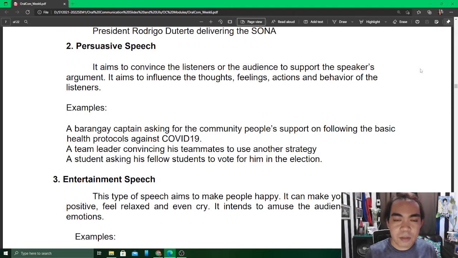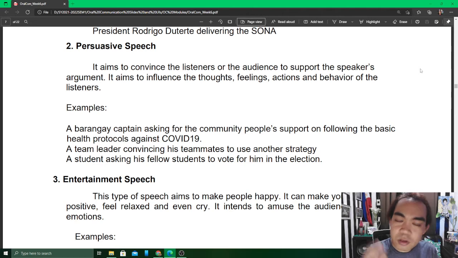So election 2022 is coming, and we will see on television and on online platforms many persuasive speeches trying to impress us, trying to sway our choices, especially when it comes to politics here in the Philippines.